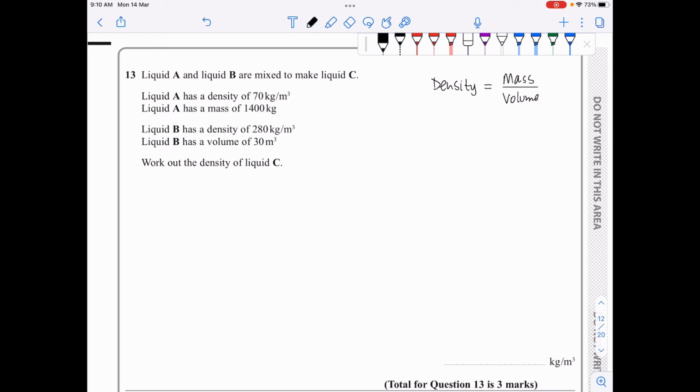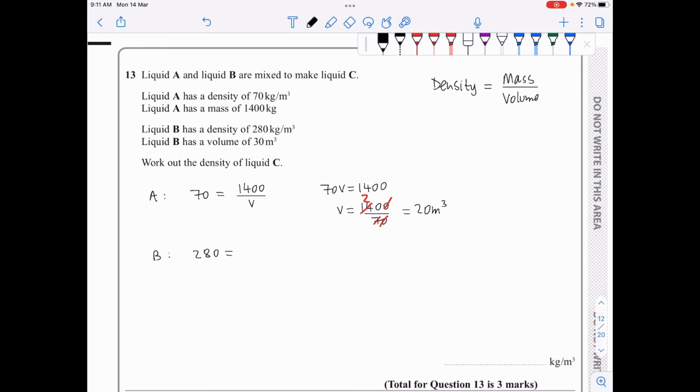So for liquid A, I've got the density, it's 70, I've got the mass is 1,400, and I want to find the volume. So 70 V is 1,400. So V is 1,400 over 70. Now the 0 with the 0 go away, and 14 over 7 is 2, so this is 20 cubic meters. And for B, the density is 280.